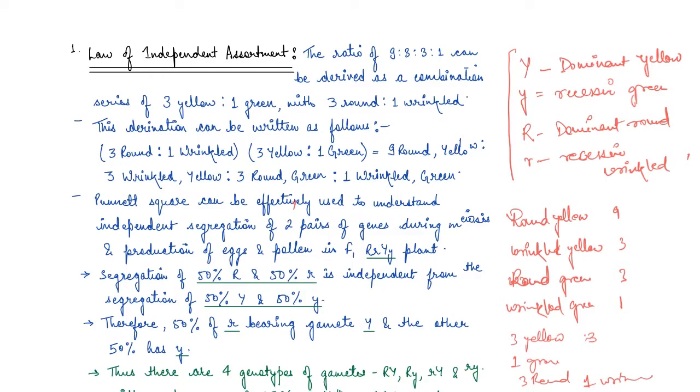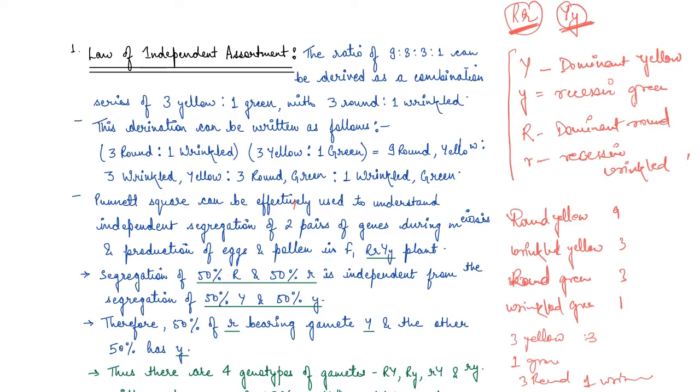So basically, round and wrinkled, right? So round and wrinkled and yellow and green are two different traits. Now, segregation of this pair is independent of segregation of this pair, right?